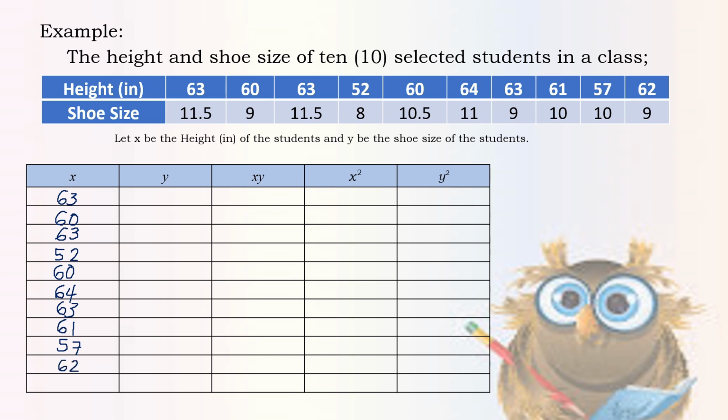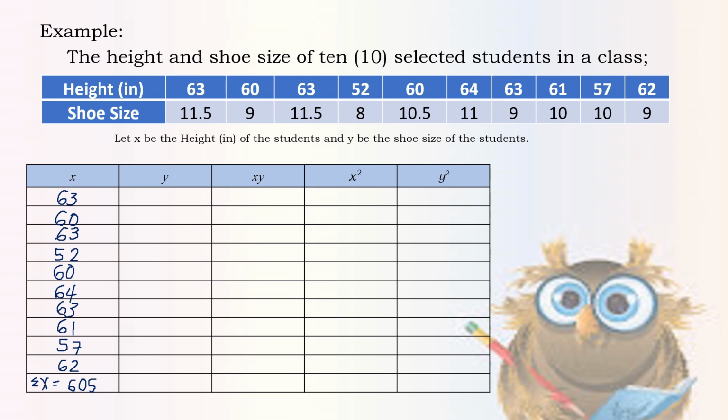Even if you are just watching, try to solve it while watching this video so that you can enhance your skill in solving mathematical problems. Adding this up, we get the summation of x, which is 605.